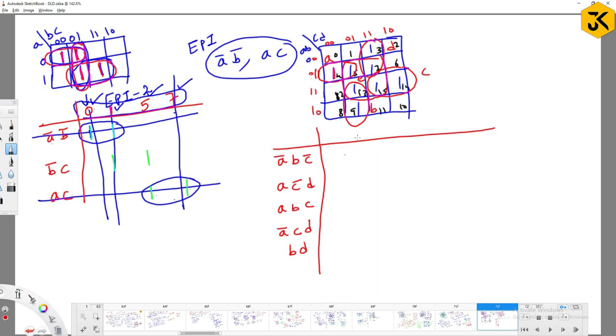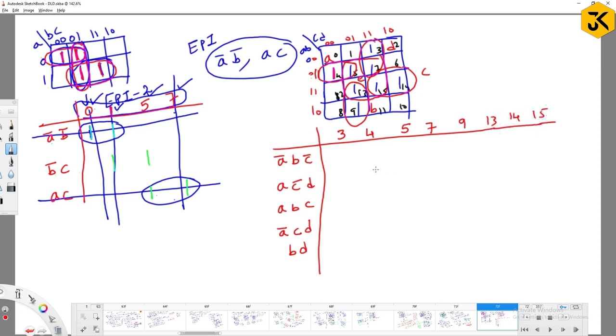Try to write down those values. Third one is possible, 4 is possible, 5 possible, 7 possible, then 9 possible, right? 9 possible, 13, 14, and 15.